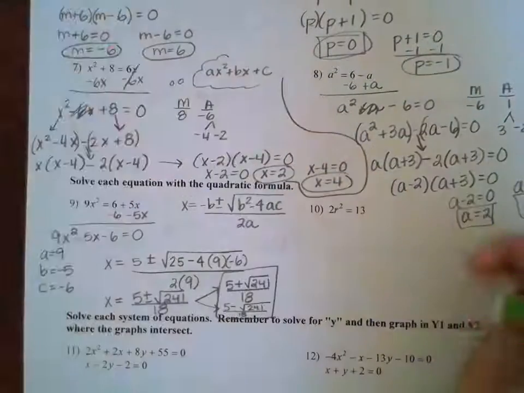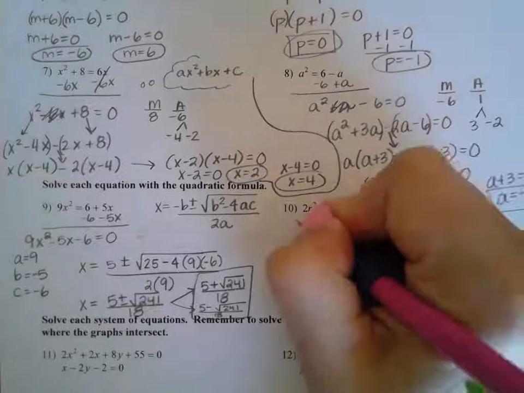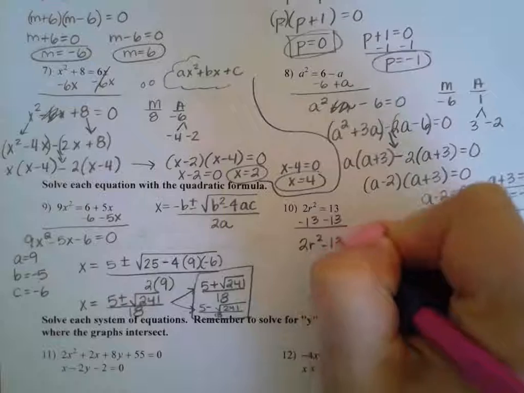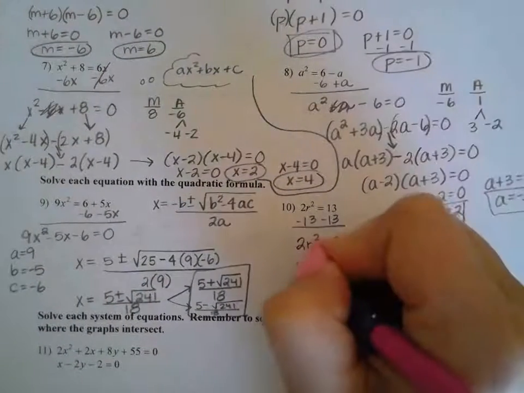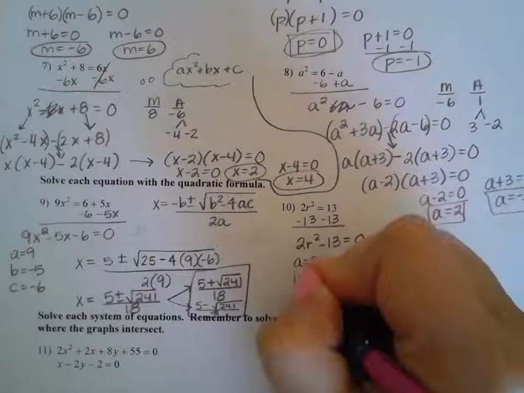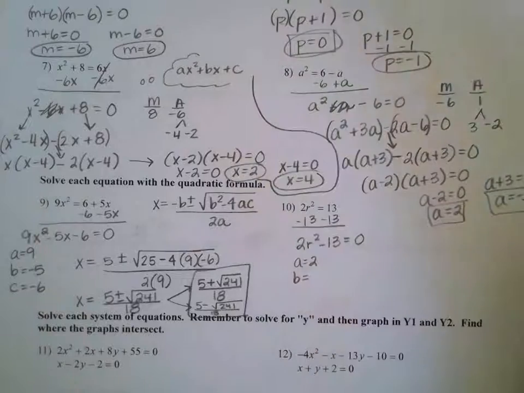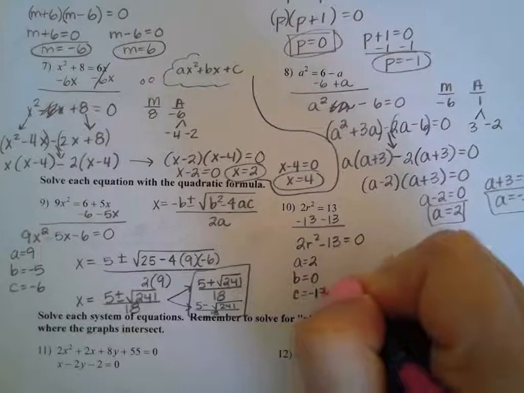Let's do number 10. So we need to get it set equal to 0. Subtract 13 from both sides. So 2r squared minus 13 equals 0. Okay, so a is 2. B, I don't think I have a b. There's nothing with just a regular r there. So that's 0. C is negative 13.